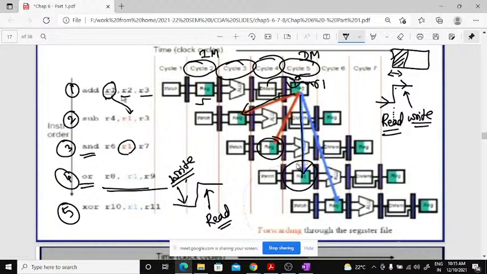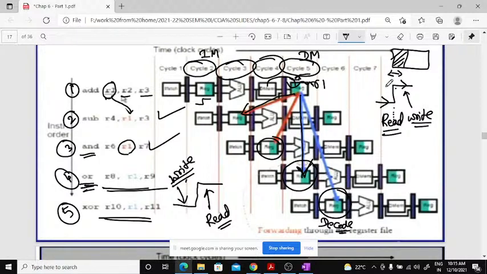So here instruction 4 gets the data. Then for instruction 5 there is no problem, so it will get the R1 value in the instruction decode stage, okay. So the hazard will come for the first and second and third instruction only, okay. For others there is no hazard. Here the delay will occur for the second and third instruction.